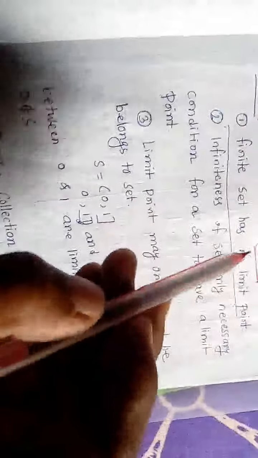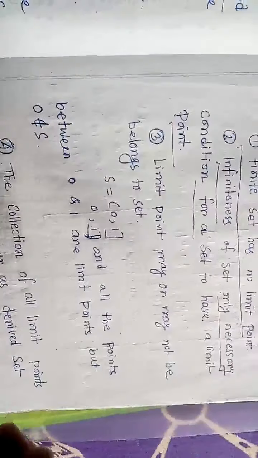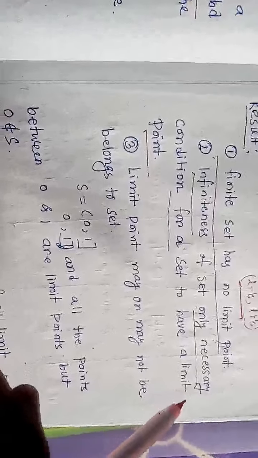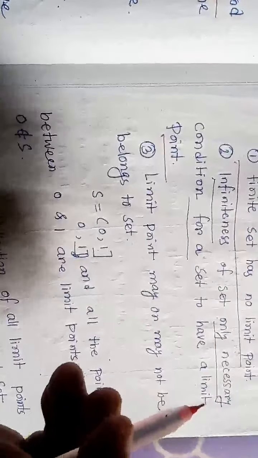But we need an infinite set, so a finite set has no limit point. However, infiniteness of the set is only a necessary condition for a set to have a limit point. It is not a necessary and sufficient condition, it is only the necessary condition.